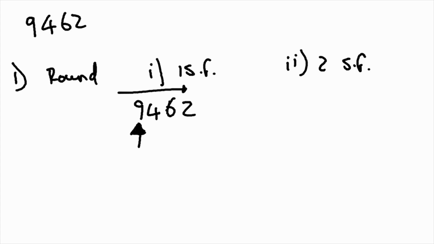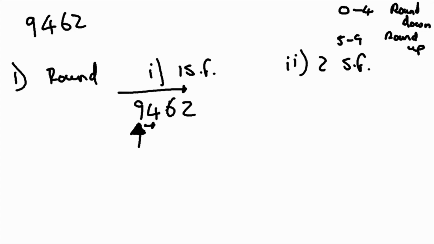Like we do with normal rounding, we then look to the digit to the right, and we say, does it make the 9 round up or stay the same? So remember, 0 to 4, we are rounding down. 5 to 9, it's rounding up.